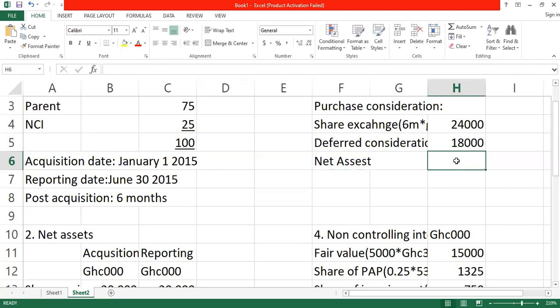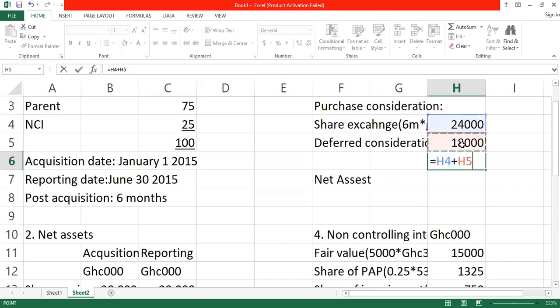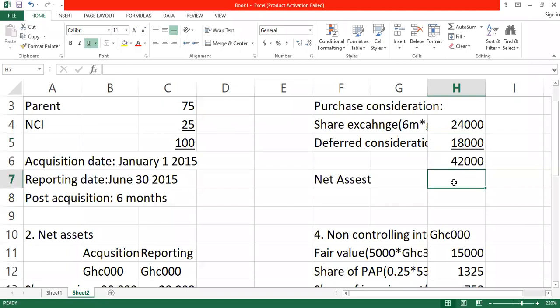So okay, let me do this. Let me bring this one down so that I will add the two and have the total consideration paid here. So how much did you pay? 42,000. How much should you have paid before? 34,000, isn't it? Yes. Okay. Another way of doing this is to just add the NCI to this one, then you subtract the total 49,000 from it.